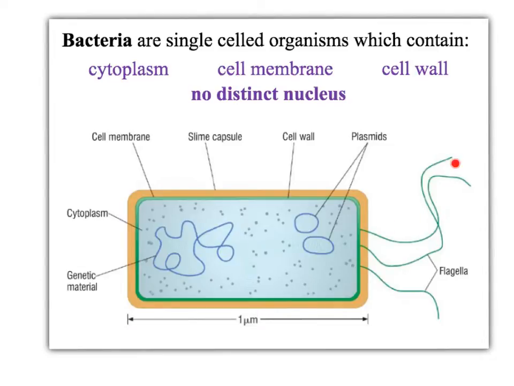You can also see that it's got a flagella, okay, which helps give it motility so it can move, and also a slime capsule, and this basically protects the bacteria. Now you'll notice that there are ribosomes. They contain cell membrane, cytoplasm, and also a cell wall, which is similar to a plant cell.